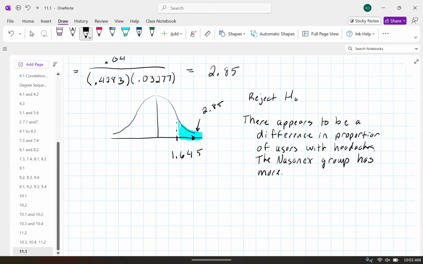I said that poorly today, but that's okay. So we have a significant difference. It seems like the people who use the Nasonex get more headaches than the people who don't. So not a huge amount, but it's interesting to know.